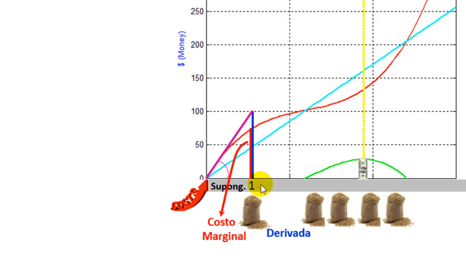So this blue value is the derivative, and this red value is the marginal cost in 0. So this is the difference between marginal cost and derivative for the cost function.